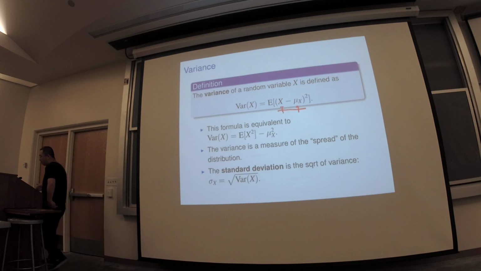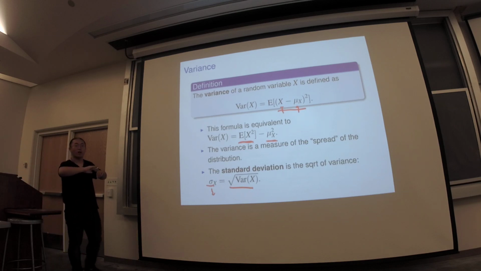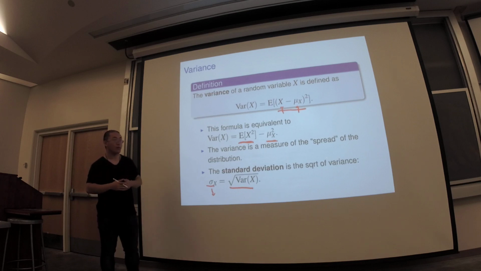It's also trivial to show that the variance can be written as the expectation of the square of the random variable minus the square of the expectation. If we take the square root, you end up with the standard deviation, which maintains the same unit as your random variable's expectation.